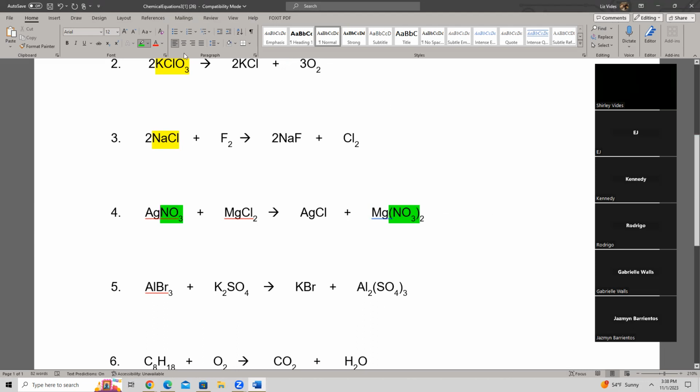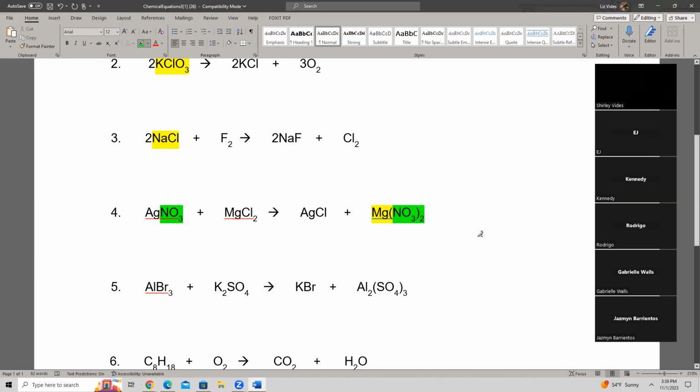So I would start with magnesium nitrate because, and I'm going to re-highlight it again, because it is the most complicated. Now this part right here, I re-highlight again, twice, because this is the part that we were talking about, that we need to look at it as a group, remember?